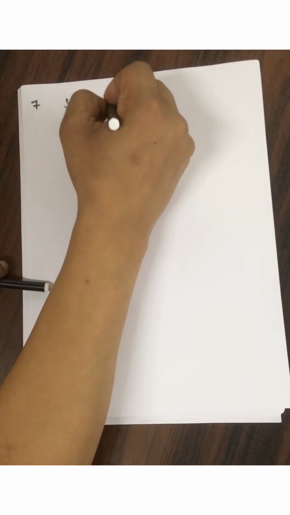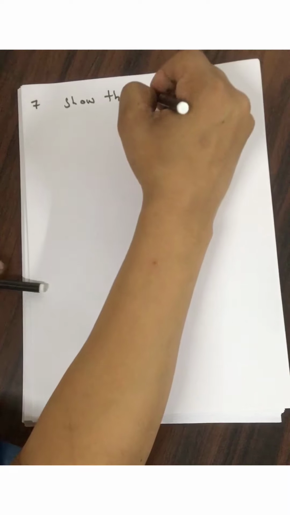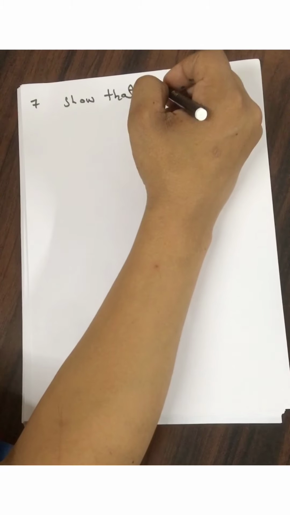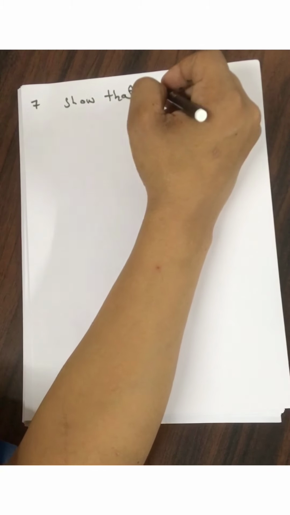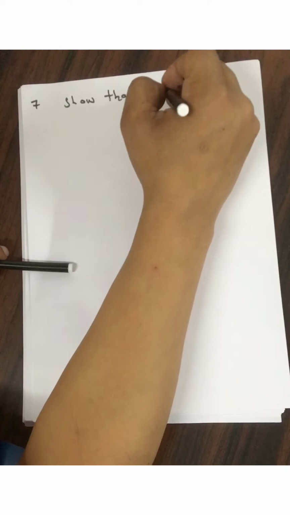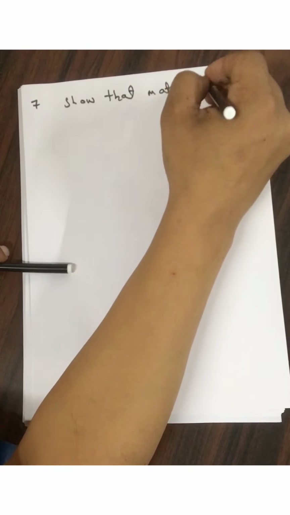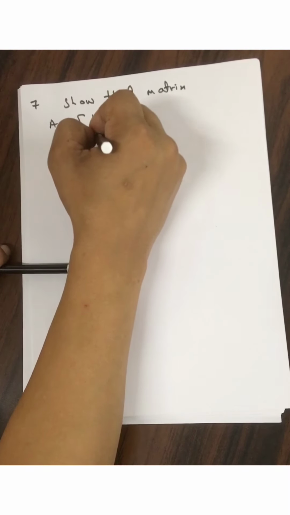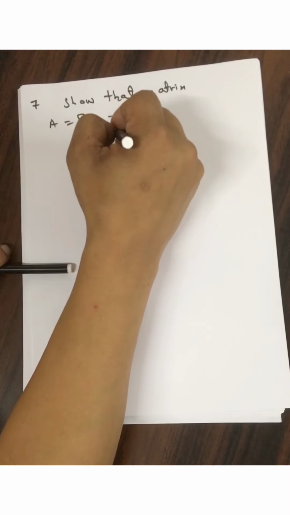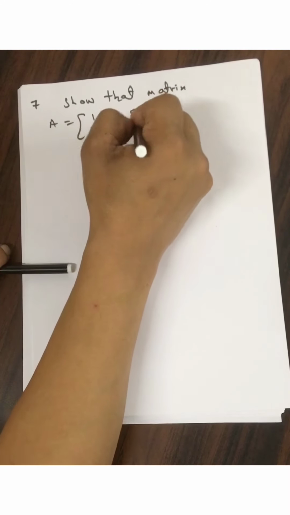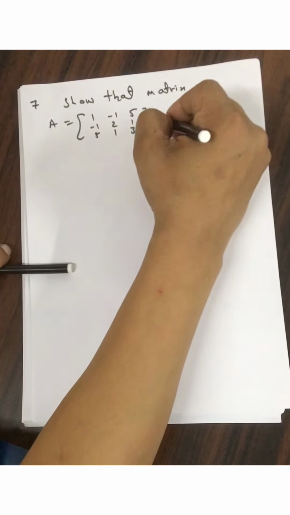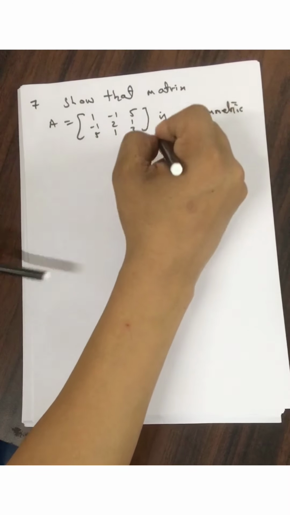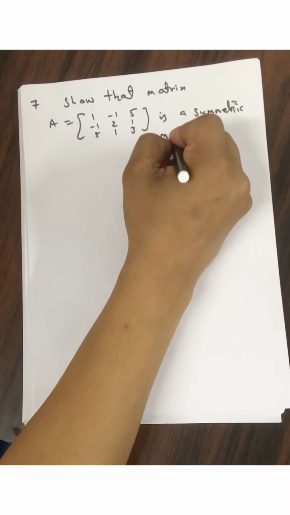Show that matrix A equals 1, minus 1, 5, and minus 1, 2, and 1, 5, 1, 3 is a symmetric matrix.